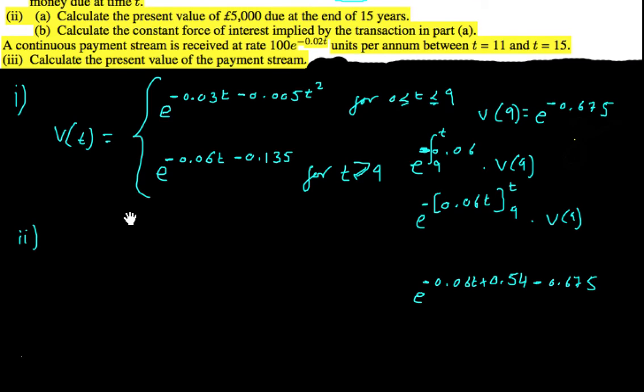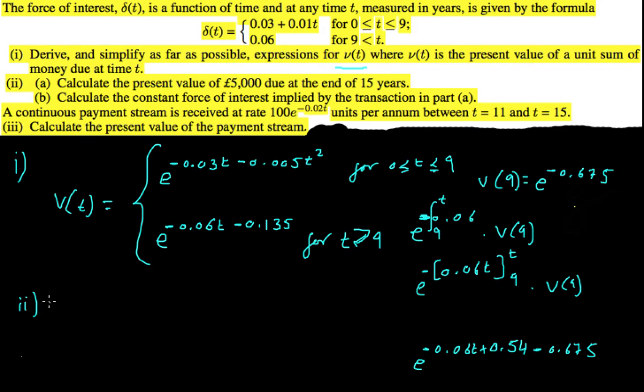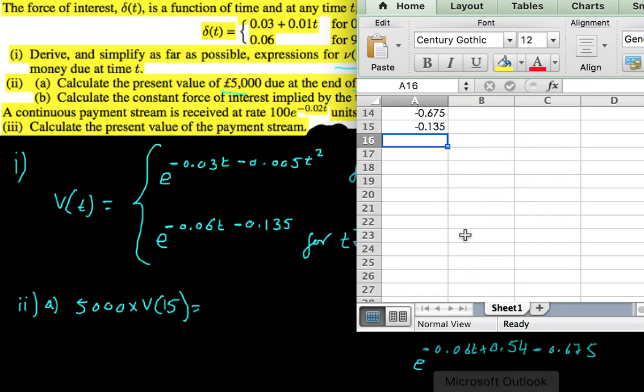So part two has got two parts to it. So part A, calculate the present value of £5,000 due at the end of 15 years. So all we're really doing is saying 5,000 multiplied by v of 15. So that's fairly straightforward. All we've got to do is sub 15 into here, and we'll use Excel to do that.